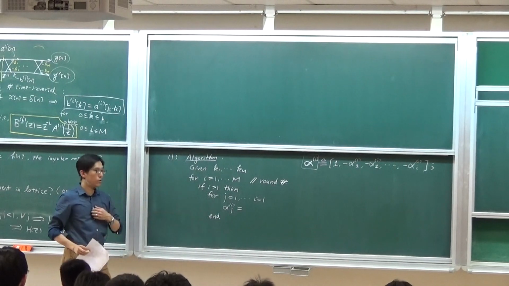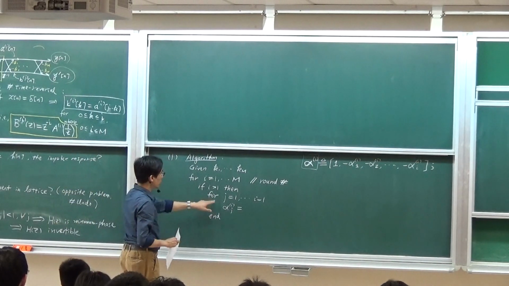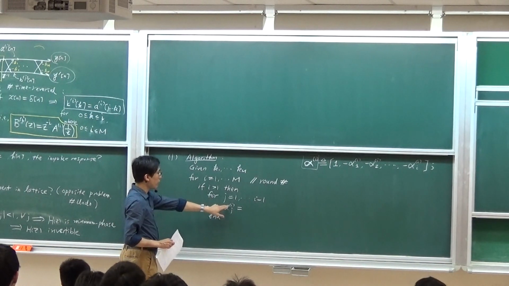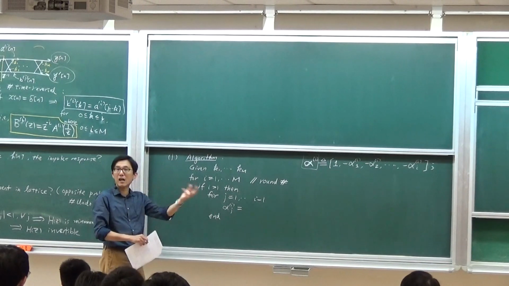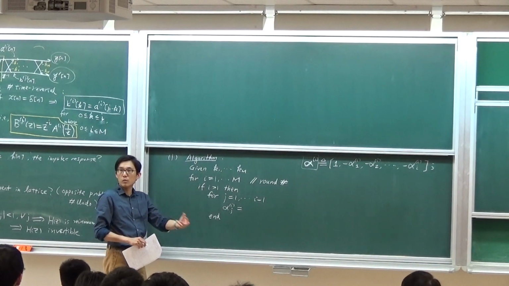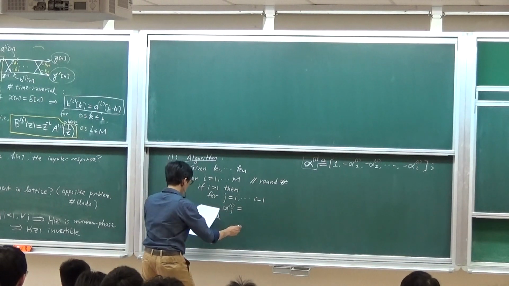But inside this closed for loop, there is only one line, which tells us how to calculate the alpha values for the current round, the ith round, based on the result from the previous round, the I minus 1 round. So that's the idea.